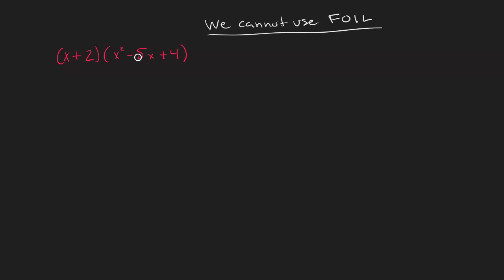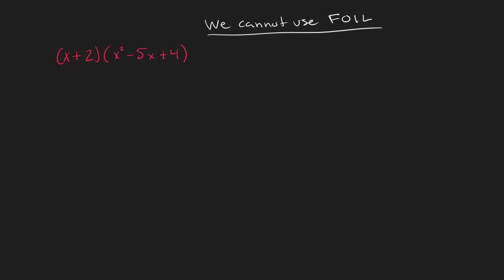It ends up skipping this term, because if we go first term to first term, then outer terms, then inner term, and then last term, it skips this. So we can't use FOIL, but we can use a variation of the FOIL and the distributive property.